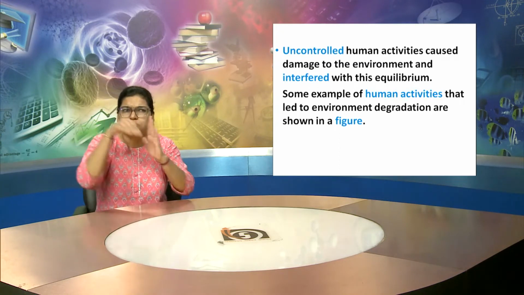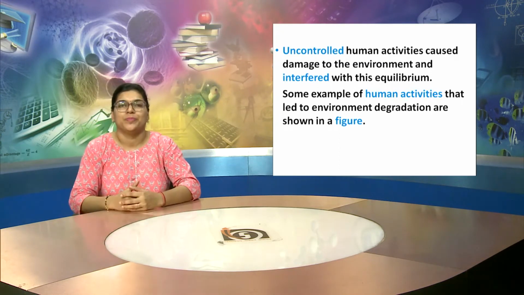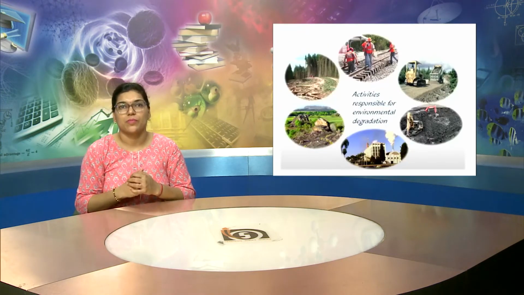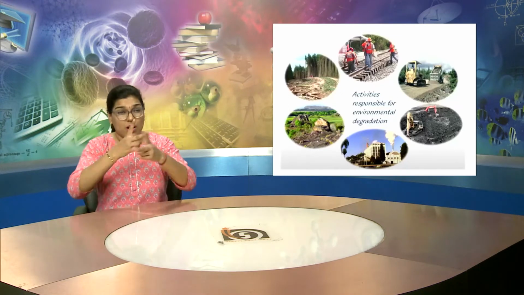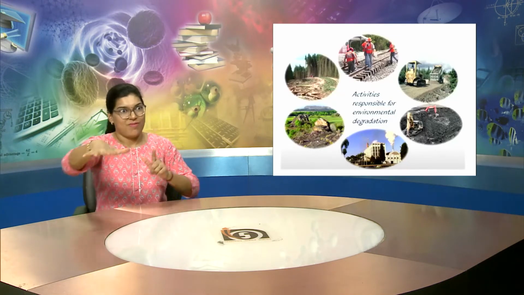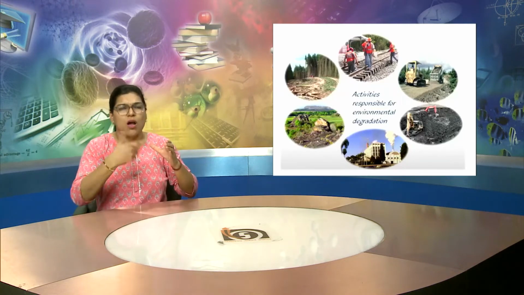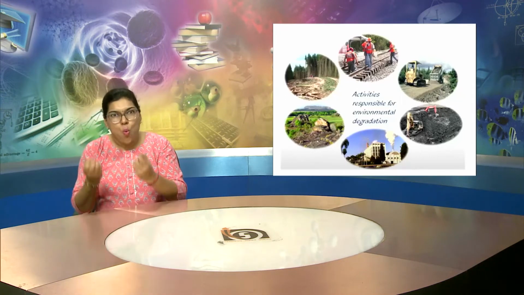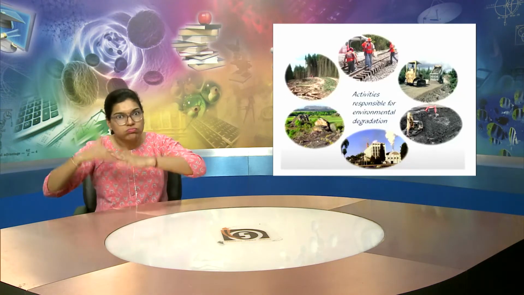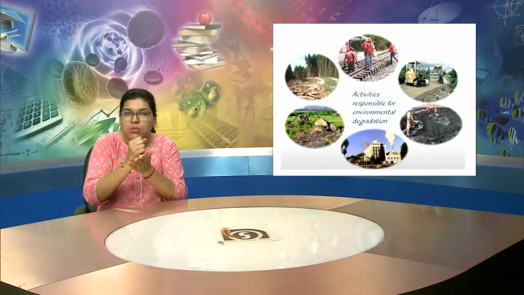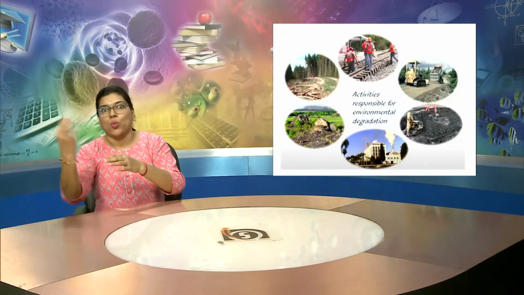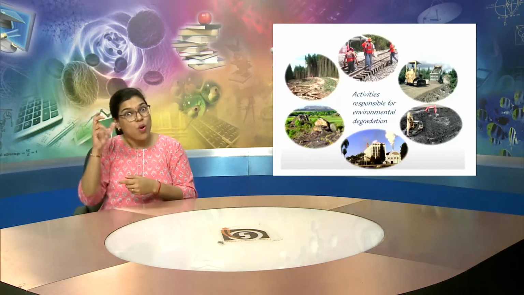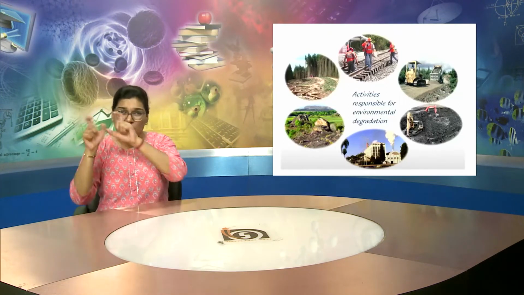There are different kinds of activities which we humans do. All these are different activities which we as humans do, and because of our own needs we do many things, like we cut trees, we make medicines in factories, and there are so many activities which we do in our daily life.